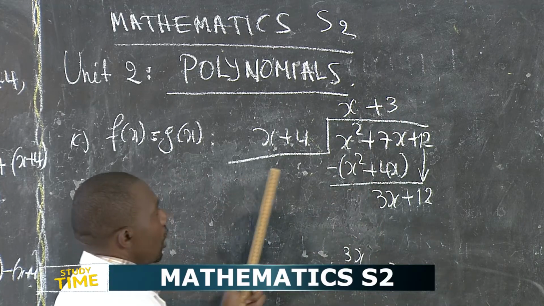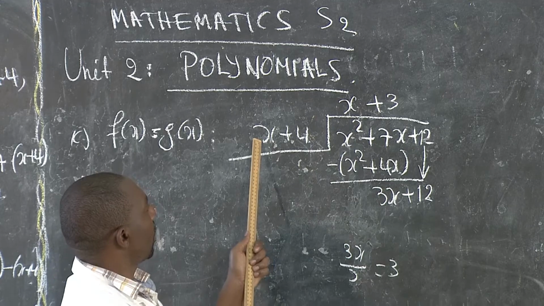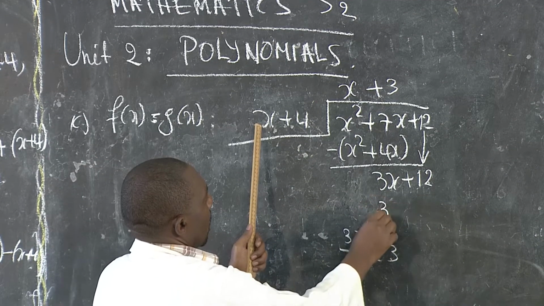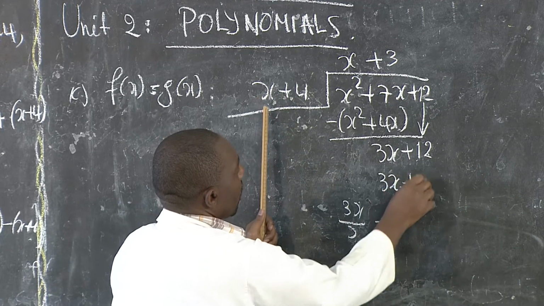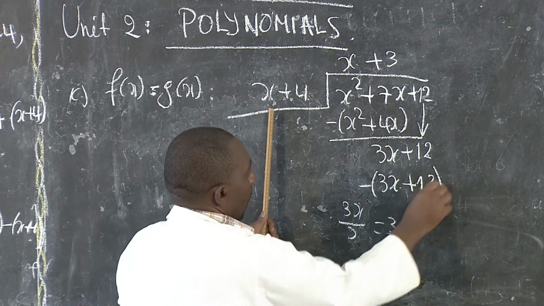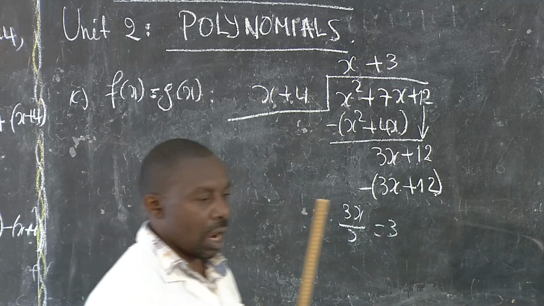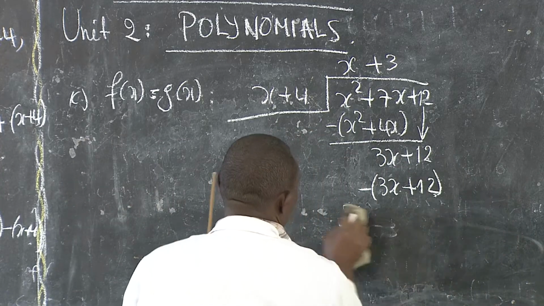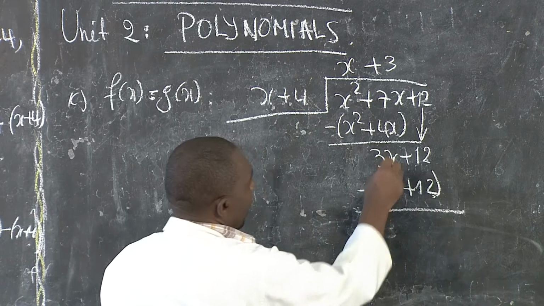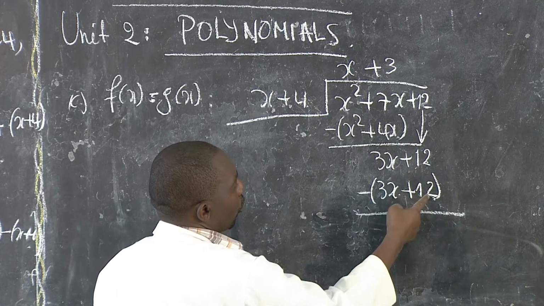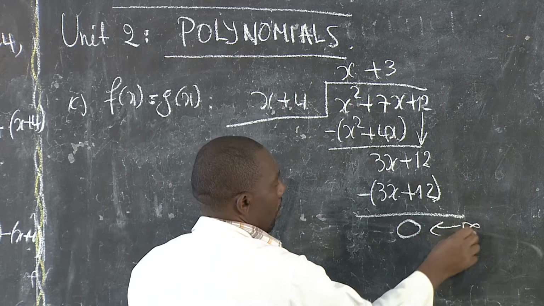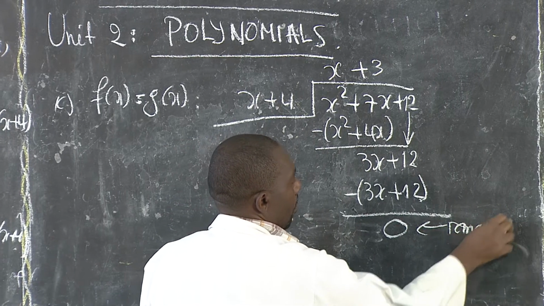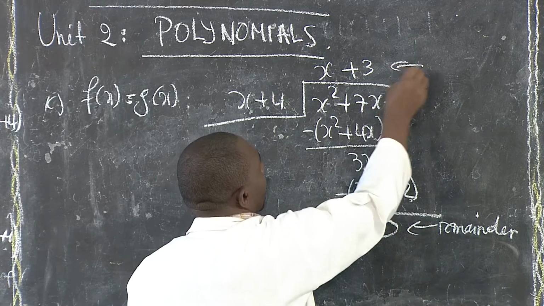Then I take 3x divided by x, which is equal to 3, so I have a 3 there. 3 times x is 3x. 3 times 4 is 12. Then subtract this quantity. 3x minus 3x is 0. 12 minus 12 is equal to 0. This is the remainder. That is the quotient.